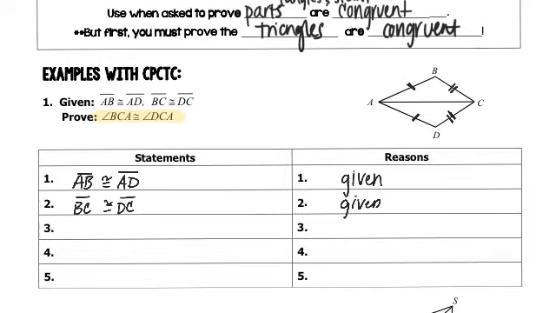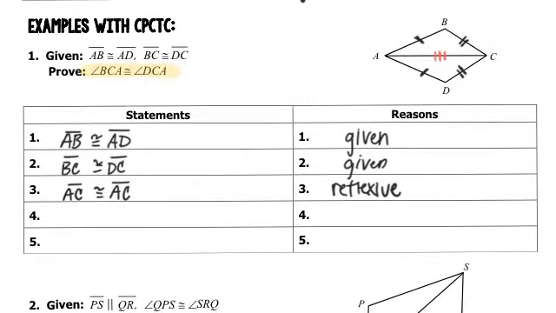We're out of givens, but we do have reflexive here. So the reflexive property applies, and we can say AC is congruent to AC by the reflexive. So now that we have three things marked, we can prove the triangles are congruent. So I can say triangle ABC is congruent to triangle ADC by side, side, side.